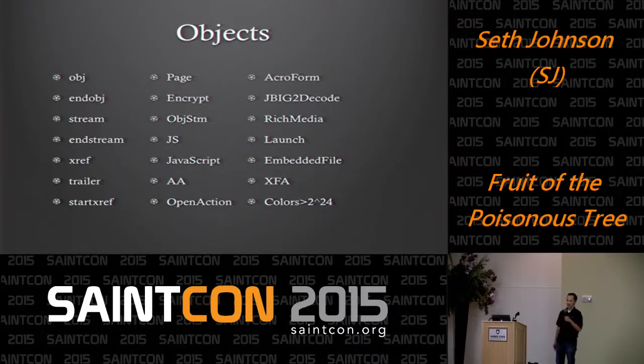AA and open action are objects that execute when the document is opened. Acroform is for form content. JBig2 decode is content for compression of images. Rich media is for sounds and videos, and then I'm not even familiar with launch. Embedded files allows you to add files in there, and then XFA and colors. So those are, I think, a pretty good list of the objects that are found inside of PDF documents.